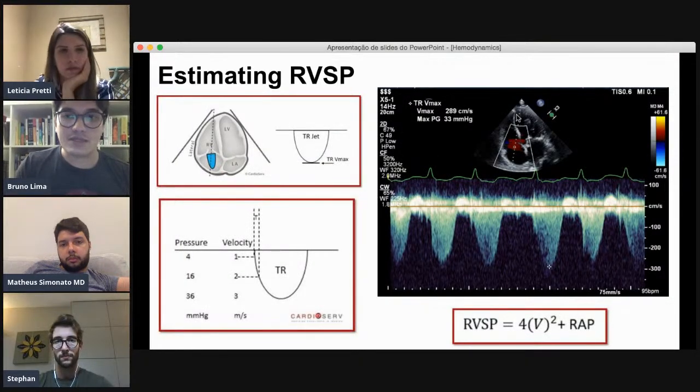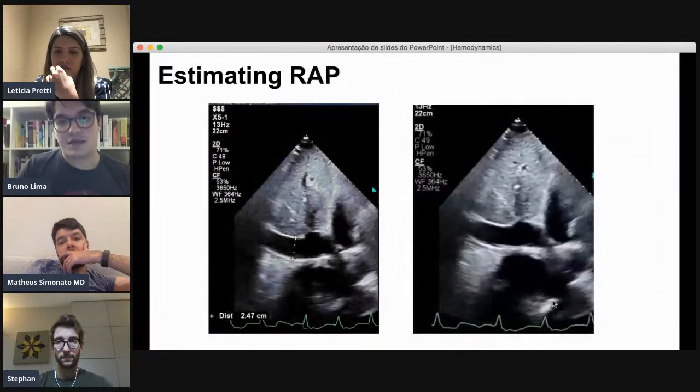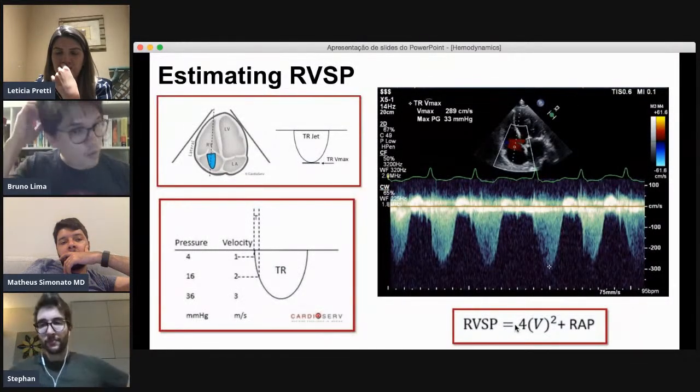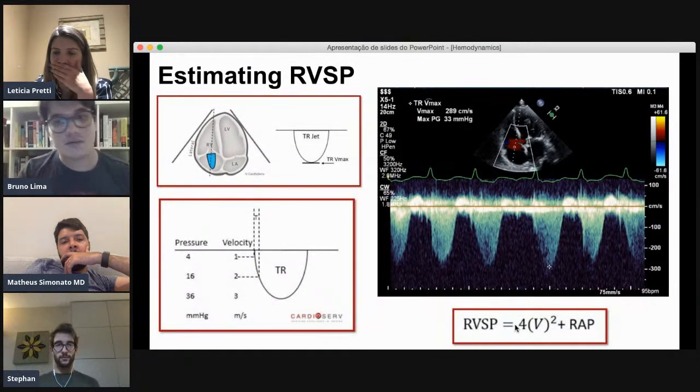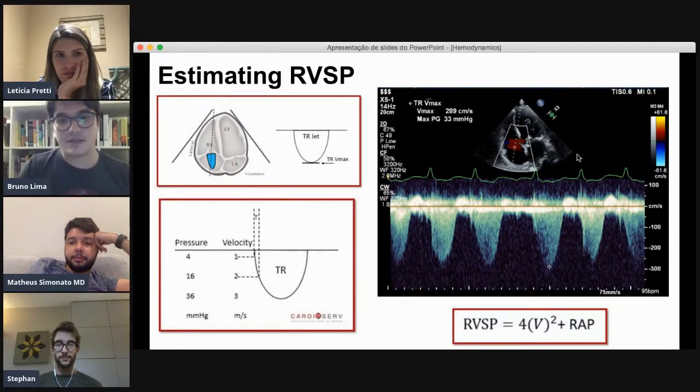If I put continuous wave Doppler here, the velocity is around 2.9. So 4V squared is about 33. So 33 plus 15 is 48. So mildly elevated. There's some mild pulmonary hypertension in this particular case.